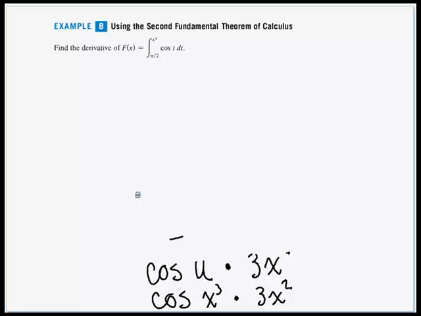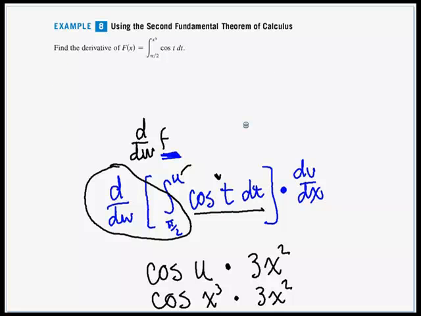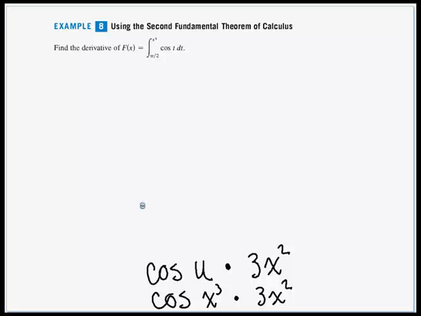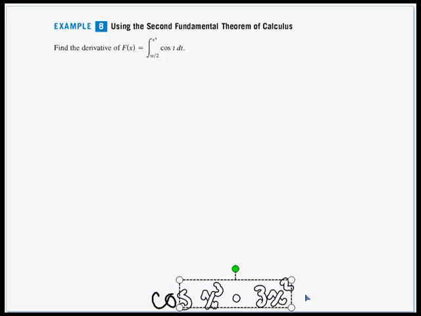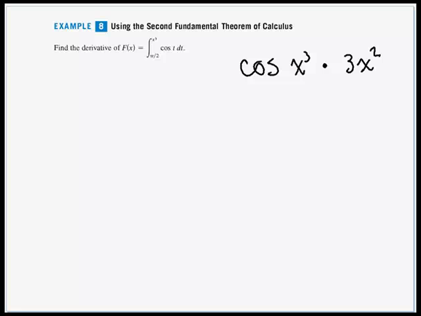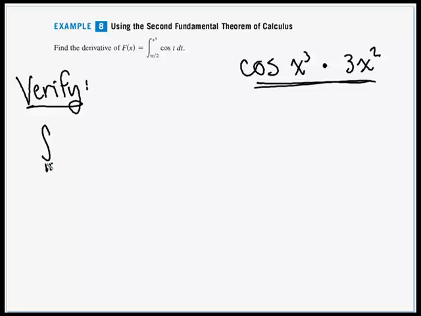Are we sure that our answer is right? Can we check it? Of course we can. So here was our answer. Is that correct? Let's verify. We're just going to integrate what we started with, as we always have. So the definite integral from a half pi to x to the third of cos of t dt.